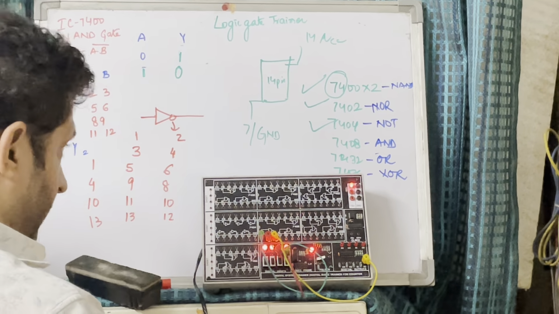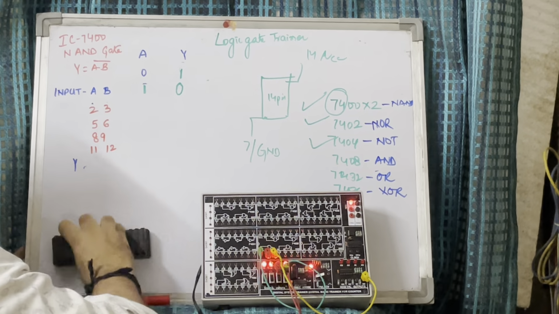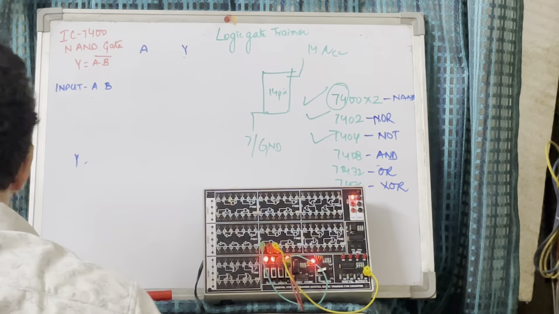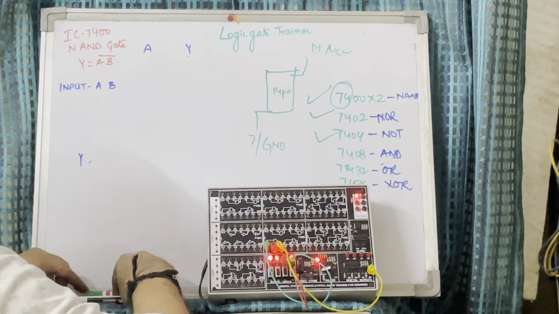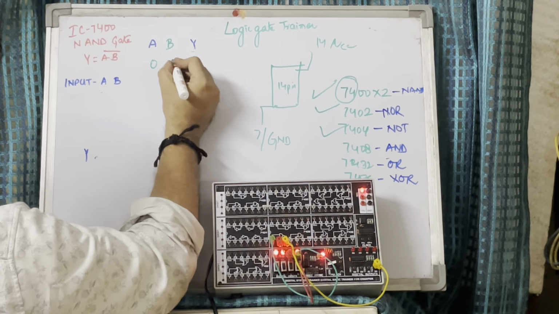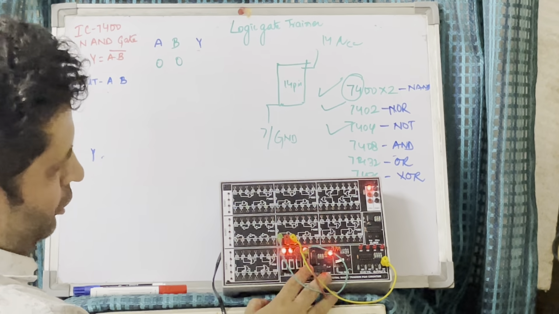Now what we'll do is, we will draw the table. First of all we are doing the condition 0, 0. For 0, 0 the output is 0.